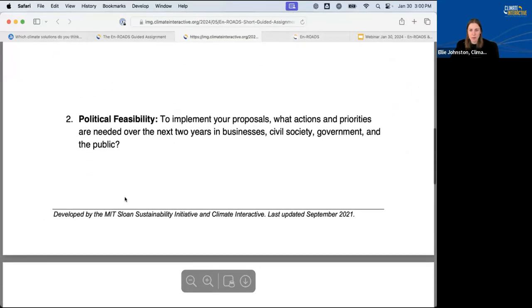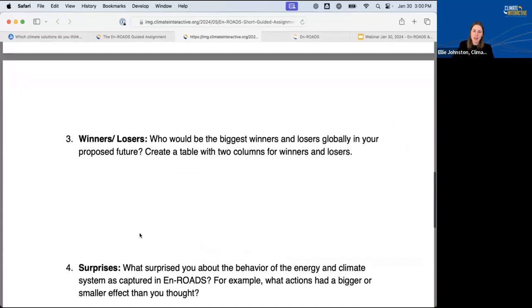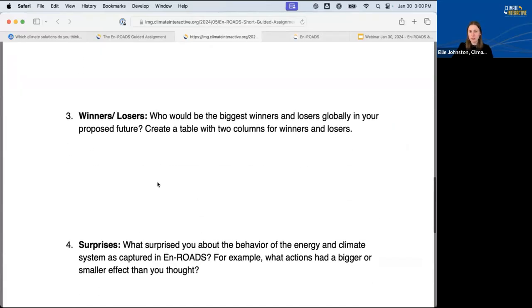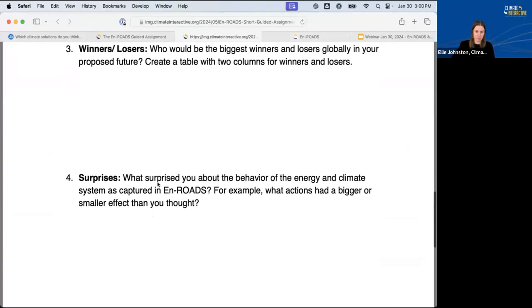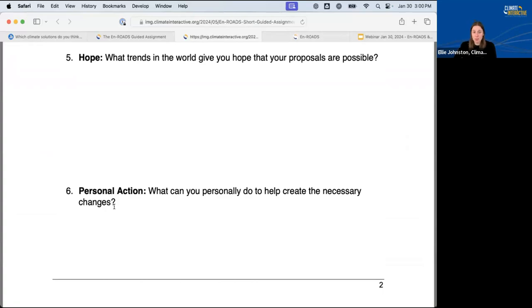Then there's a question about political feasibility and what types of actions would be needed to make their scenario possible. And then thinking about winners or losers, who might benefit from this, who might be hurt by a range of the different policies, and surprises, hope. Again, cater it to the audience as you see fit.